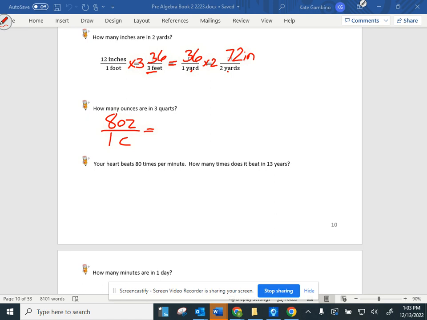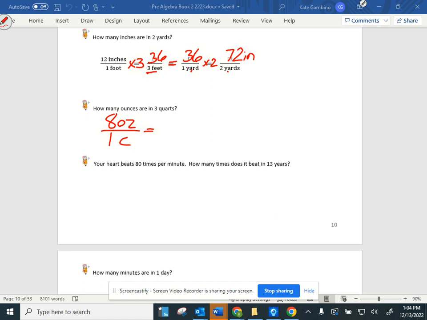So if I'm at 8 ounces for 1 cup, what's my next step going to be? If I'm looking back up at that chart, I can go from 1 cup to how many cups, Gus? Oh, you multiply by 3. Nope. Wait, I'm at 1 cup.